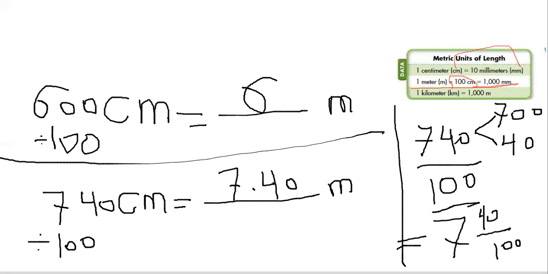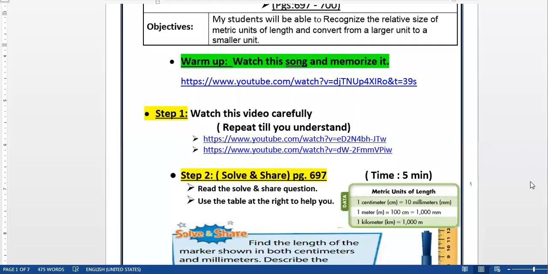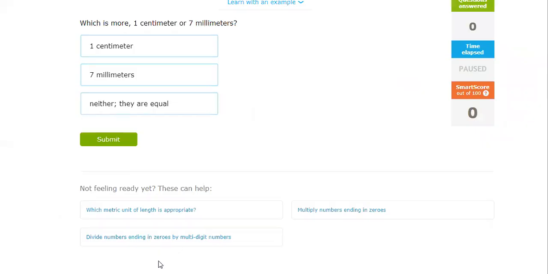Okay, guys. Now let's do some examples here to check. Which is more, 1 centimeter or 7 millimeters? Okay, as we usually do, begin with the end in mind. What do I know about centimeters and millimeters?